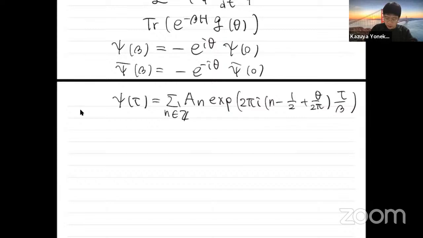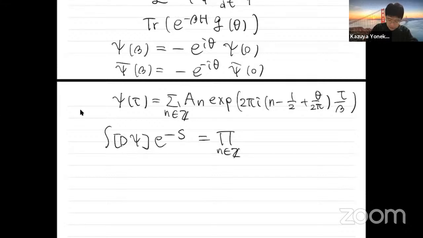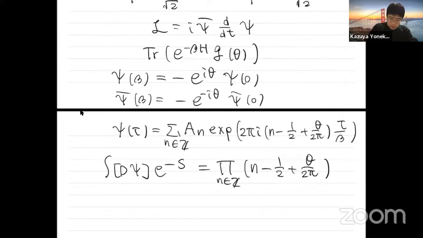So the Fourier modes are now shifted in this way from the integers. Then the path integral is given by the product of eigenvalues of the Dirac operator. So in this theory, the Dirac operator is just this derivative operator.